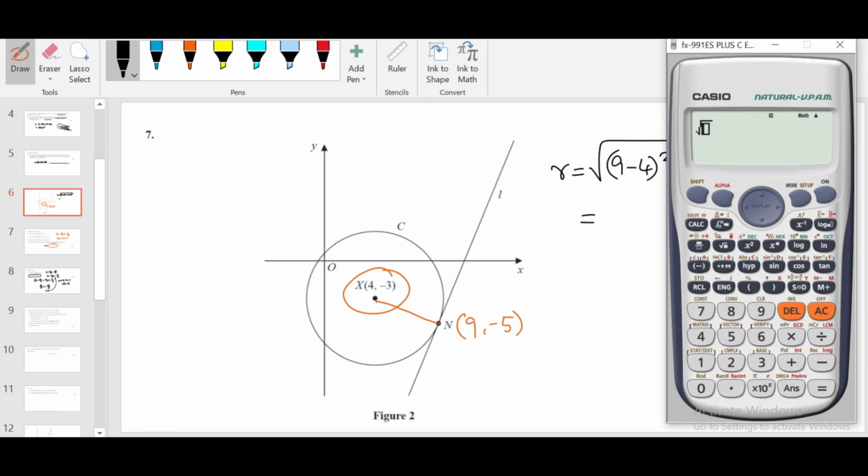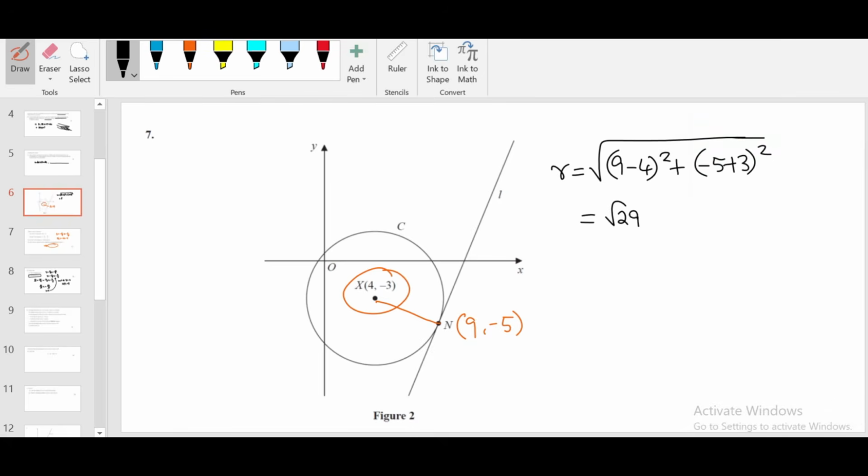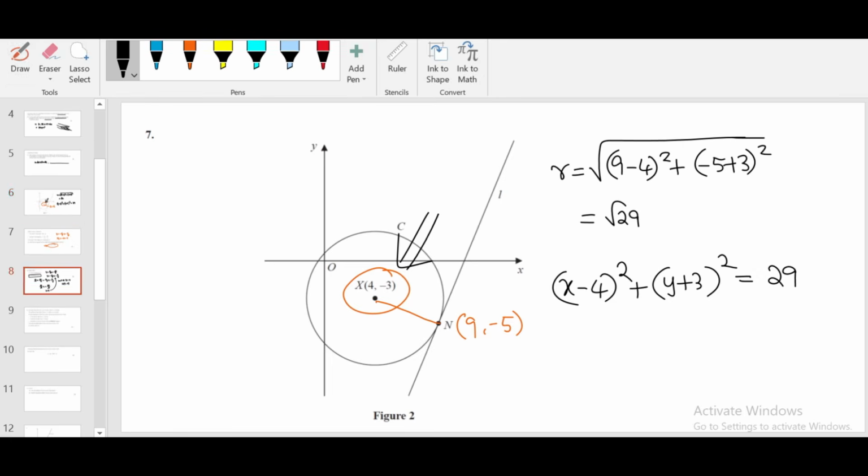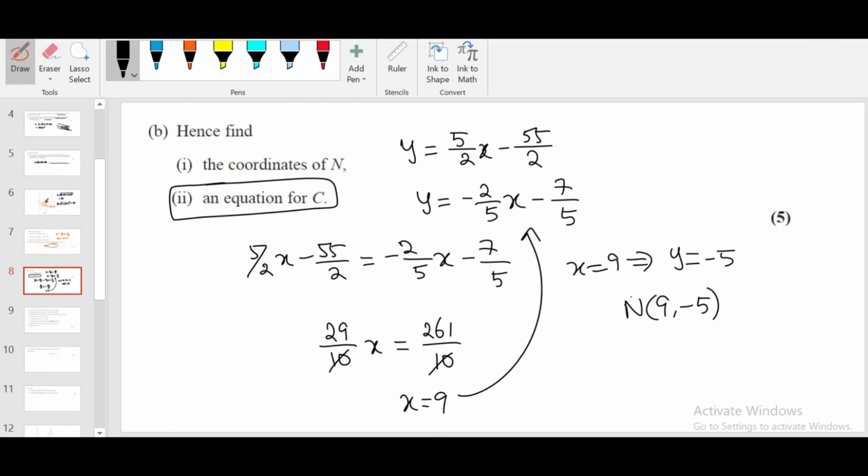Square root of 5 squared plus 8 squared, square root of 89... the radius squared is 29. So the equation of the circle is (x minus 4) whole square, using the center, plus (y plus 3) whole square is equal to r square, and r square is 29. That's the equation of the circle C.